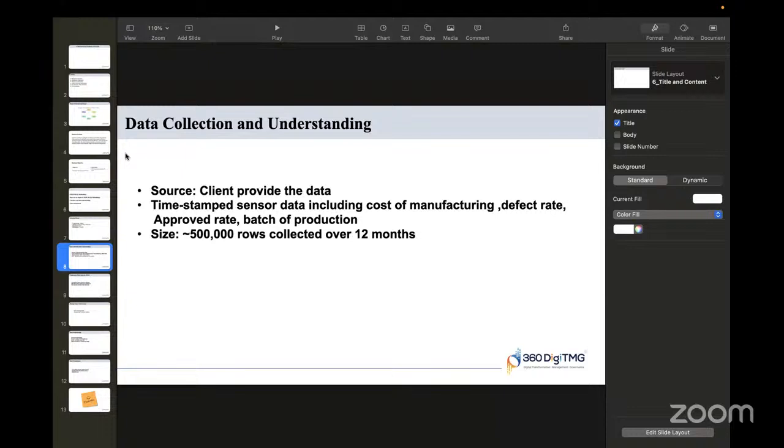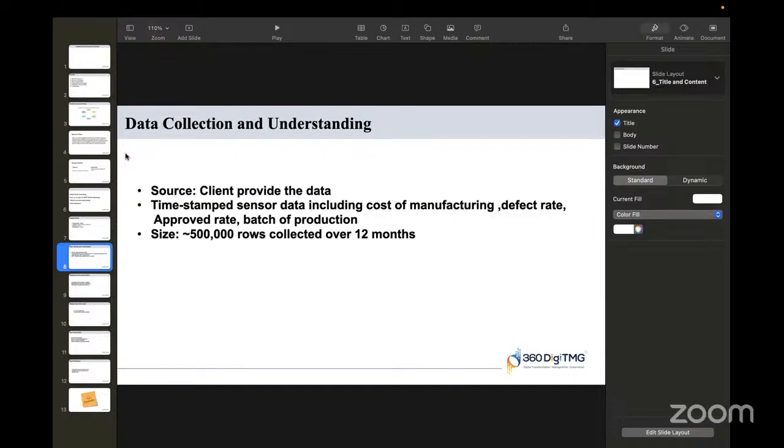The source of the data in this project came directly from the client. The data they gave us has lots of columns, such as cost of manufacturing, defect rate, approved rate, manufacturing rate, operational columns, and batch columns.